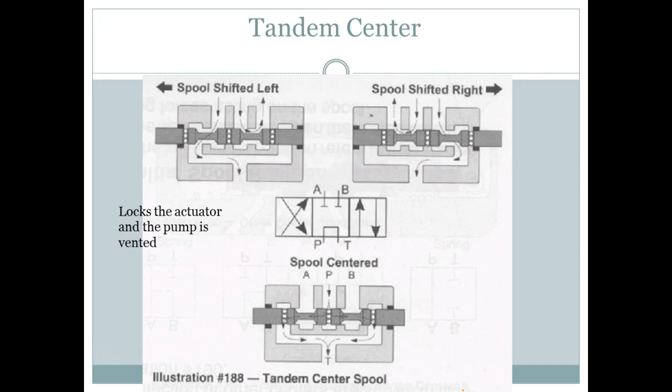Like your car, why do you use antifreeze in your car? What happens if you didn't? It would bust your block, right? Hopefully it knocks out that freeze plug. Most engines have that freeze plug that's supposed to punch out if you do exceed that. So that's the biggest problem we have using water in hydraulics.